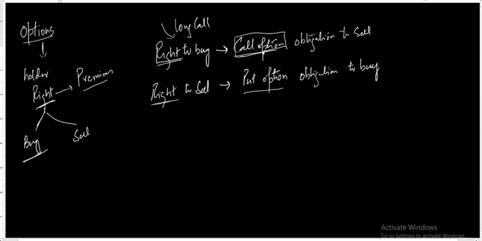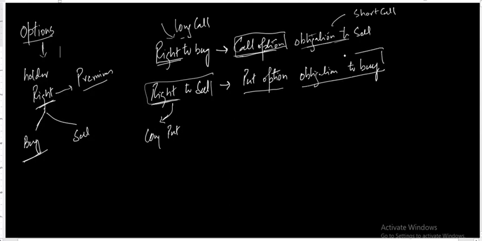If he is long, the other party is going to be short, and that party has the obligation, so this party is going to be a short call. Similarly, if a party has a right to sell, so he has bought the put option, he's going to be long put. If the party has the obligation, it's going to be short put.